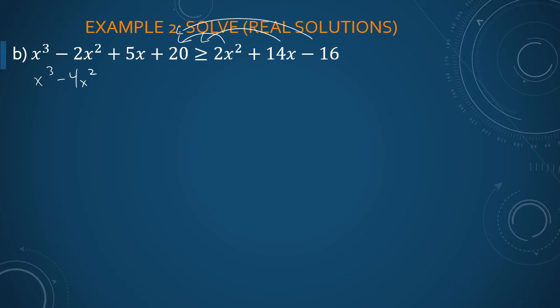And then 5x minus 14x is going to give us negative 9x. And then 20 plus 16 gives us 36. And this is greater than or equal to 0.